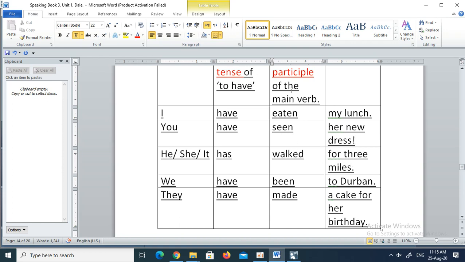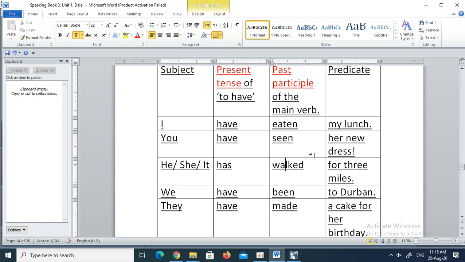Walked is the past participle of the verb to walk. We have been to Durban. Been is the past participle of the verb to be. They have made a cake for her birthday, and made is the past participle of the verb to make.